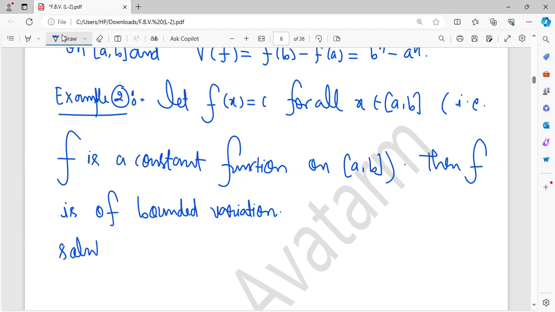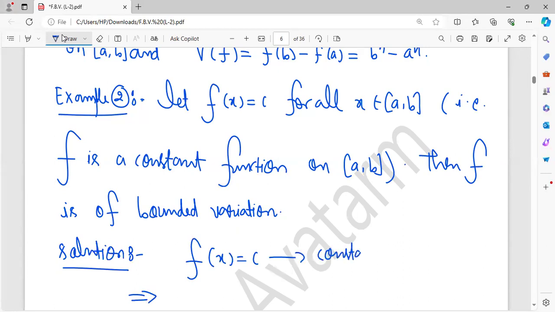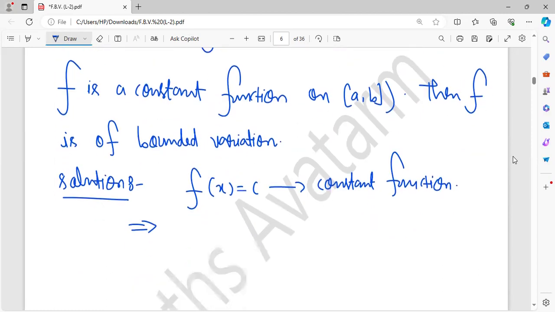Solution. We know that every constant function is monotonically increasing, decreasing both. Okay. f(x) is equal to c, so this implies this is a constant function. This implies f is monotonically increasing or decreasing both.